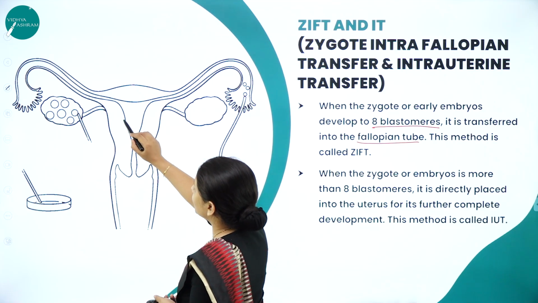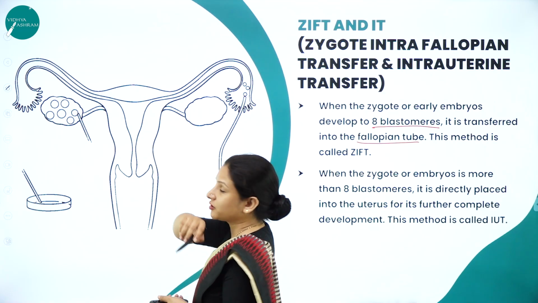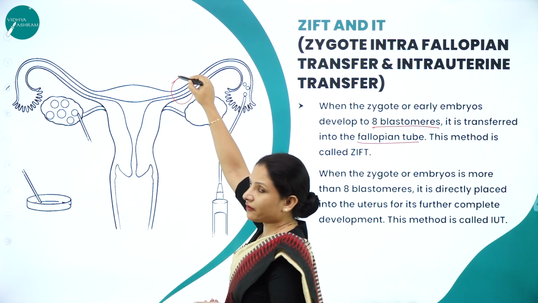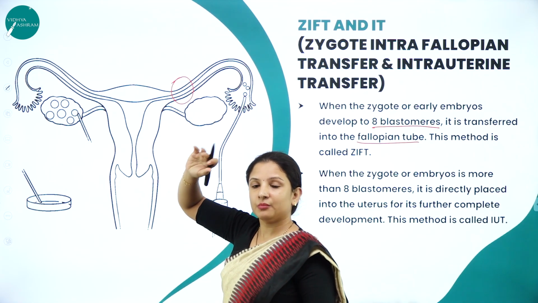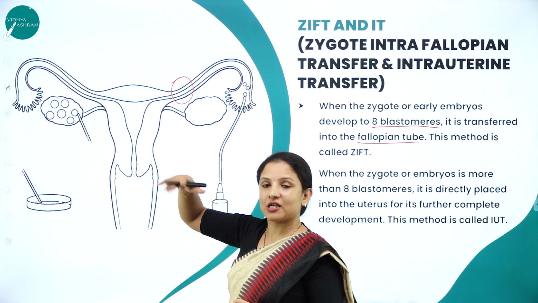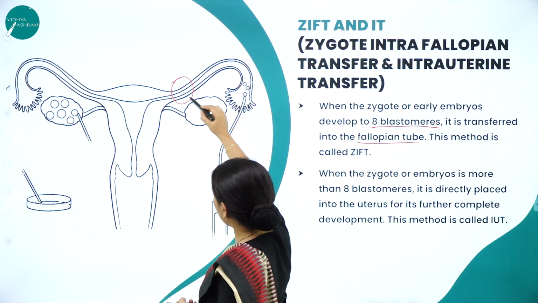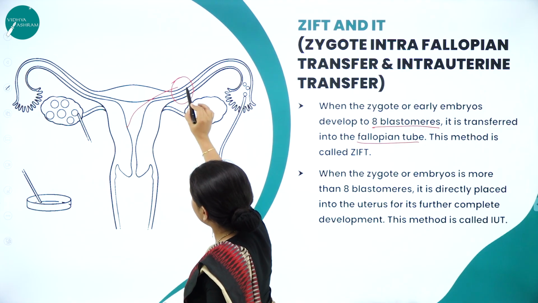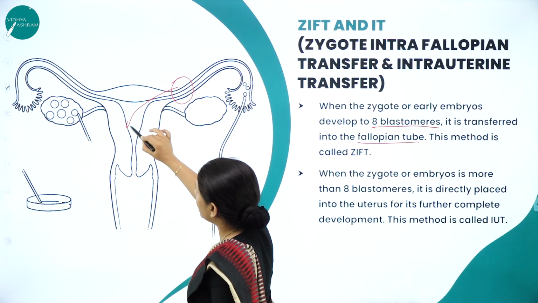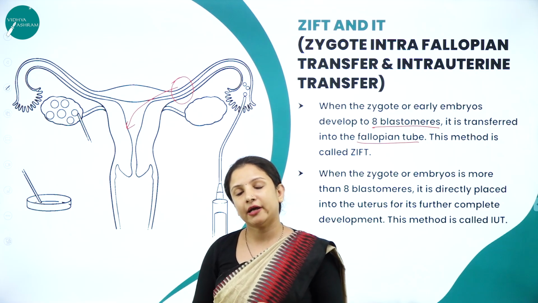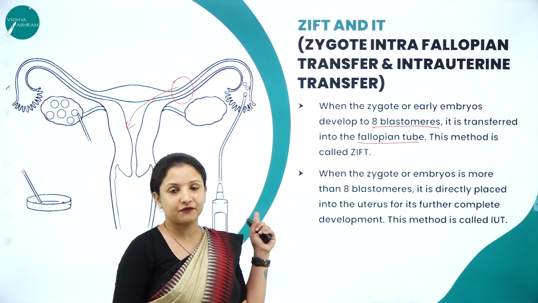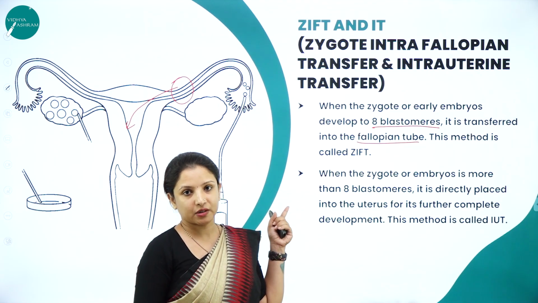It is not put into the uterus, but here into the fallopian tube. In the fallopian tube itself, it will become the 8 cell stage, the 16 cell stage further, and once it matures, it will travel from the fallopian tube and embed itself in the endometrium of the uterus. So don't get confused between IVF and this procedure.